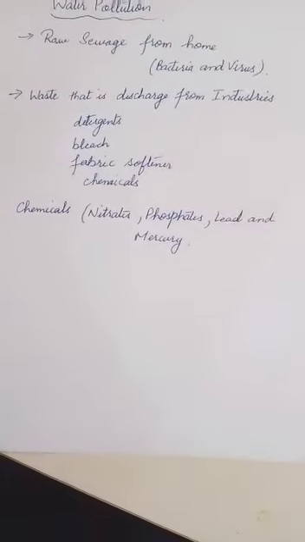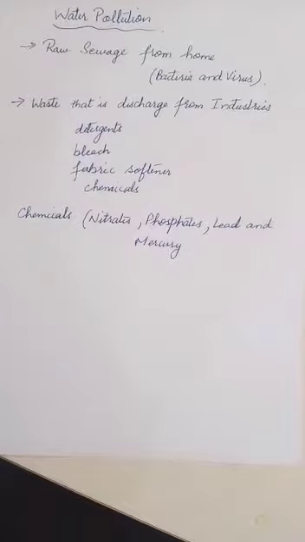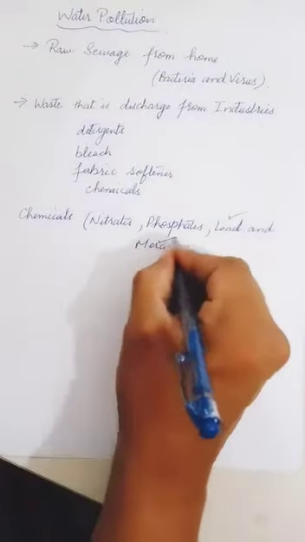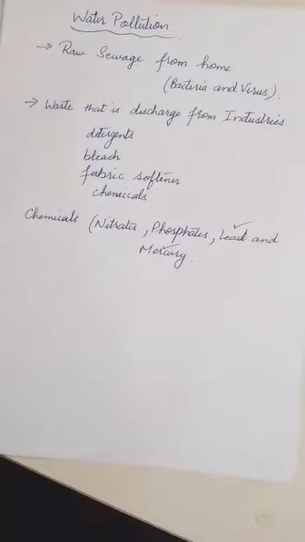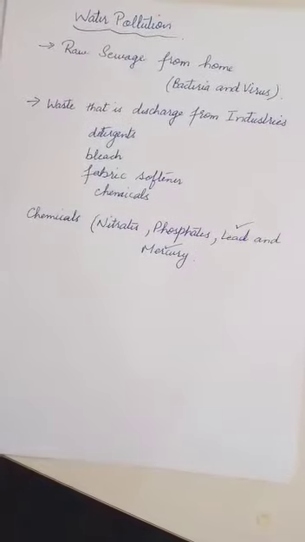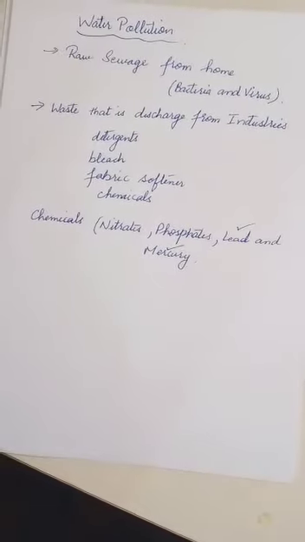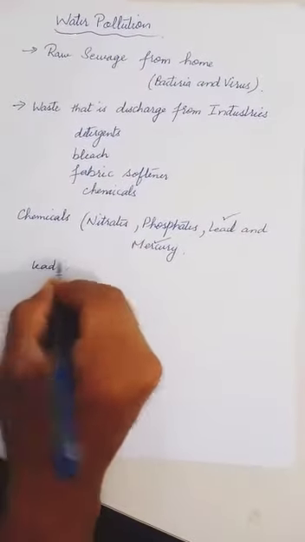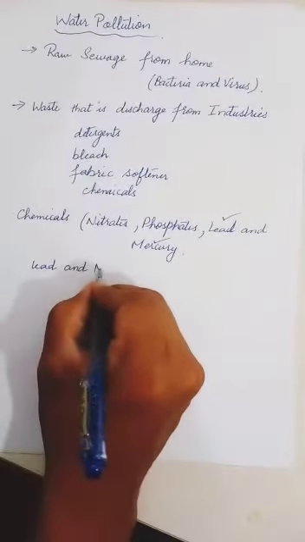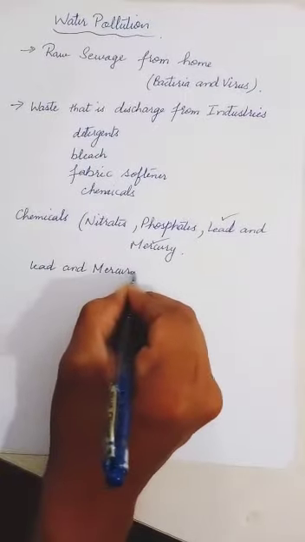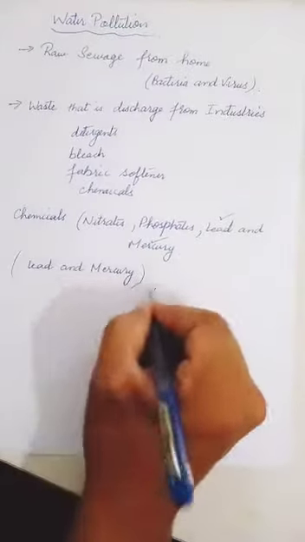The most harmful metals among them are lead and mercury. Why are they most harmful? Because they are unable to decompose into harmless substances. So lead and mercury play the major role in polluting the water. Okay.